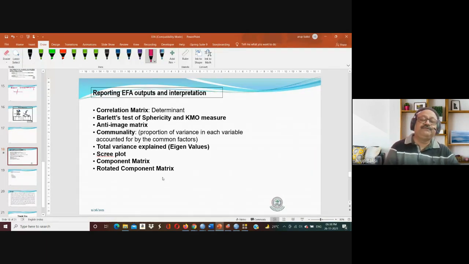If a single factor is responsible, then probably your factor structure does not hold good. That means it is not a very good factor structure. At least the data was not amenable. Initially, you thought the data was fit to conduct a factor analysis. Probably it was not fit after getting the common method bias.